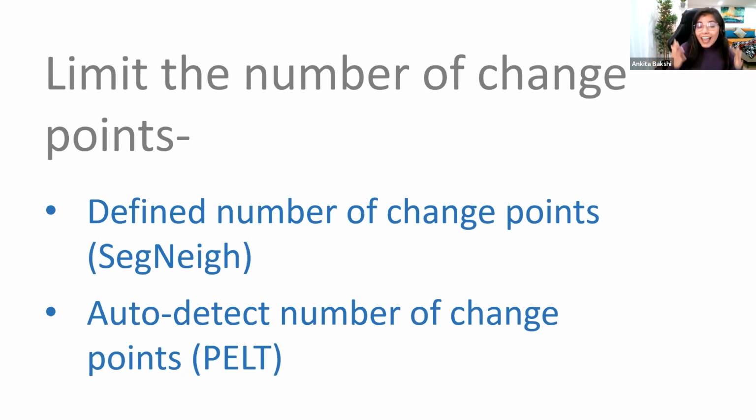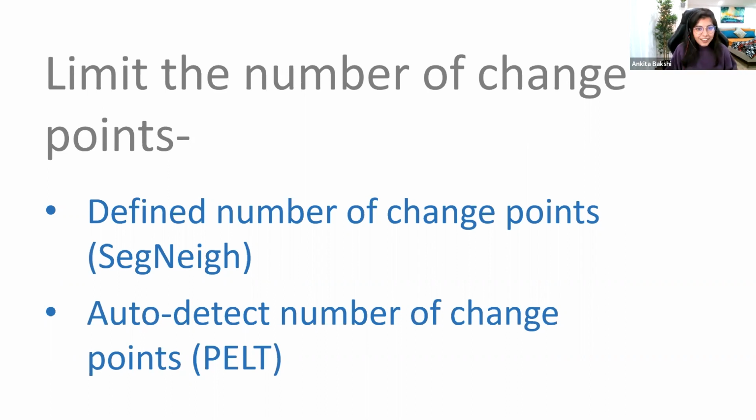So you can just say, I need to find exactly 2 change points in my data set, to find when the change actually happened after those marketing campaigns. So you know how many change points you want to look for, and that will limit the number of change points the tool will produce. The second method is the auto detect number of change points, also called the PELT method.